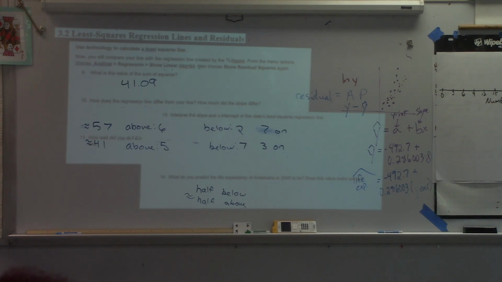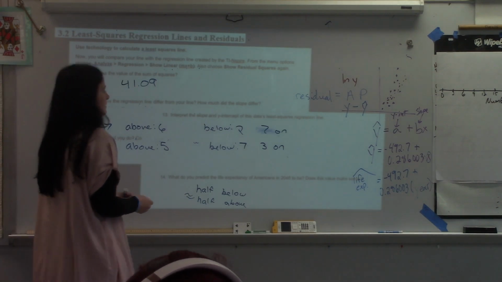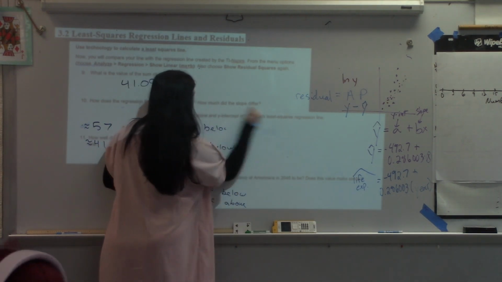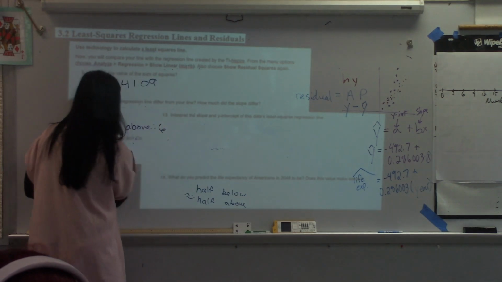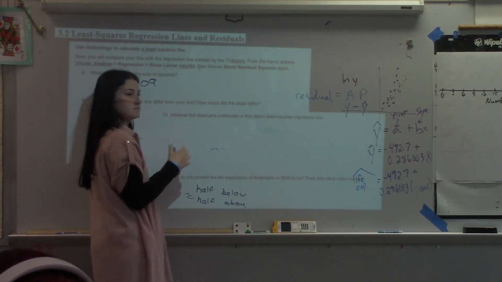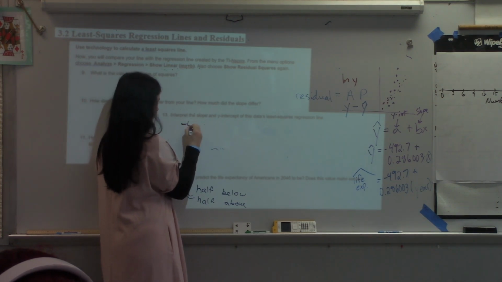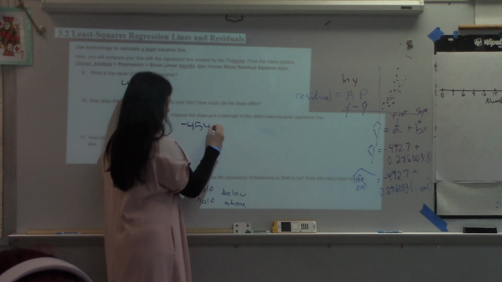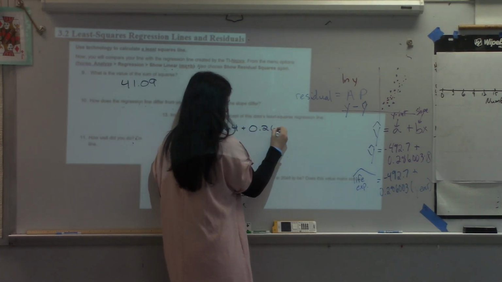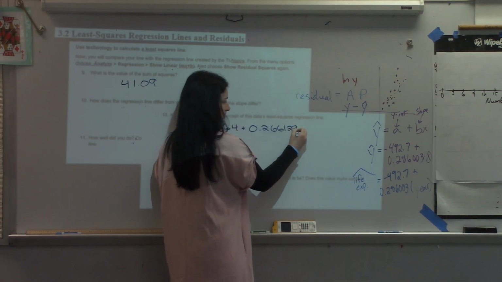Interpret the slope and y-intercept of this data's least squares regression line. So what is the least squares regression line that they gave you? Negative 454.364 plus 0.26612129. Yeah.